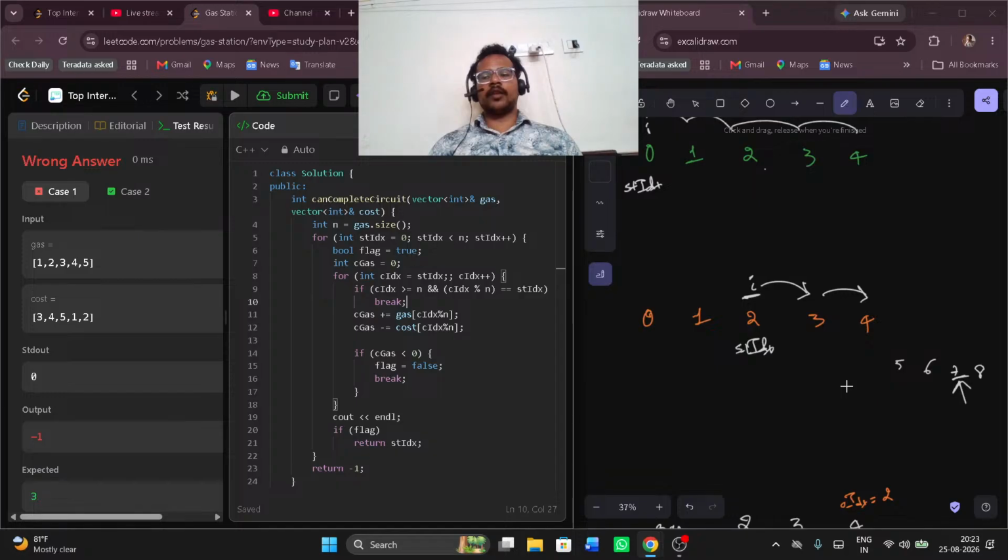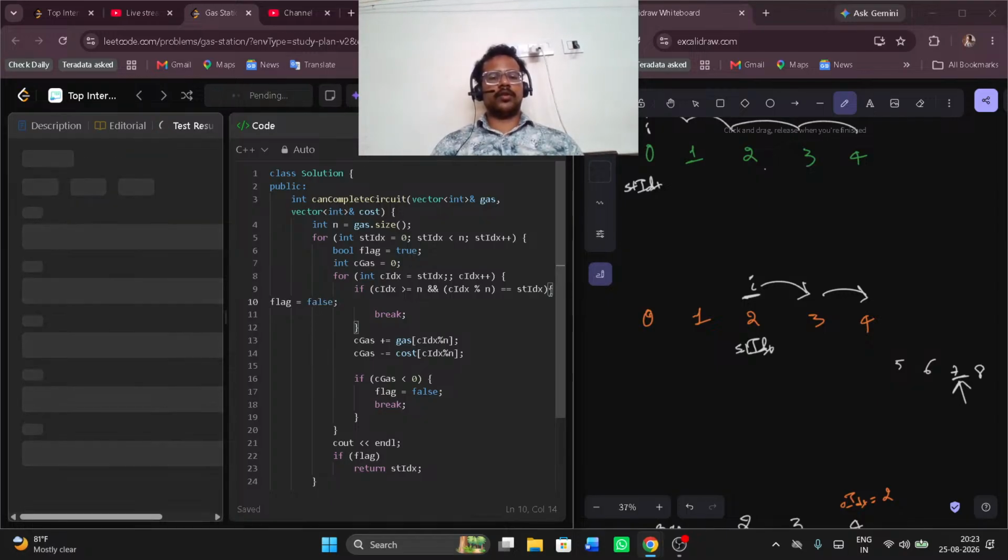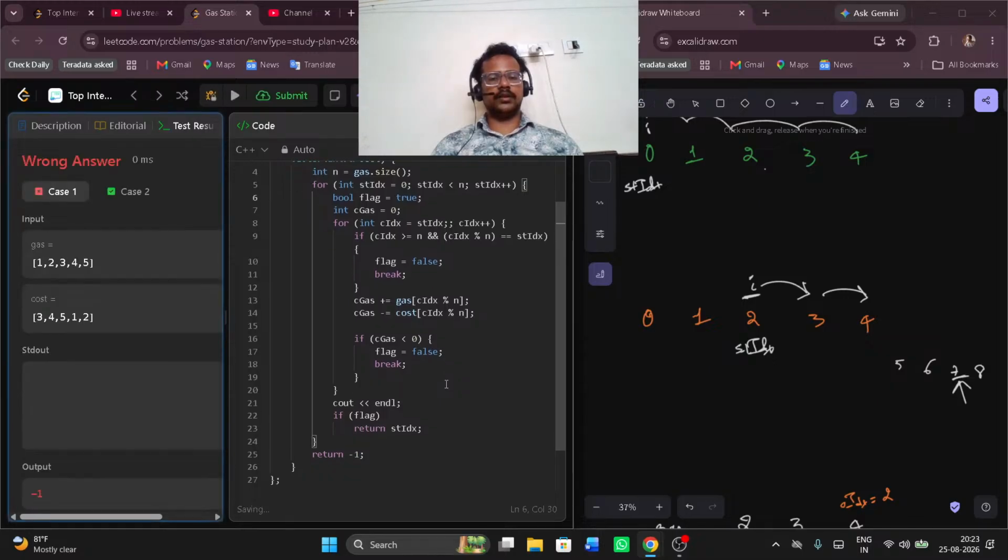Saying this, 7 mod 5 gives 2, which is the start index, so we'll just break. We'll just make it flag is equal to false, but the problem isn't there.